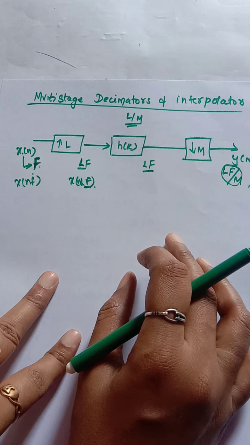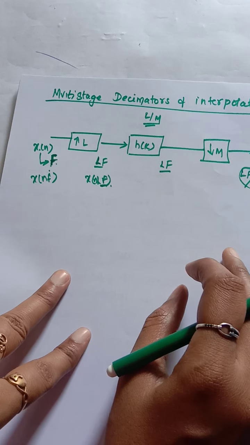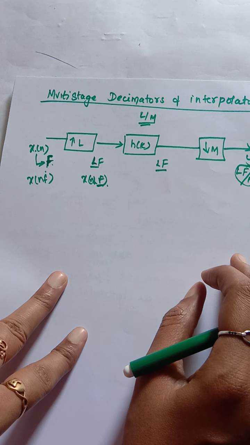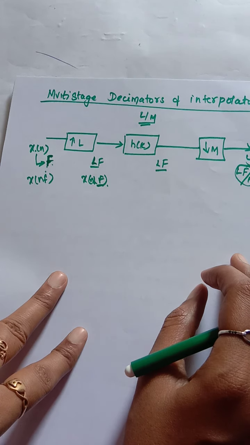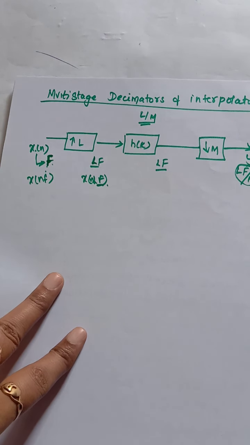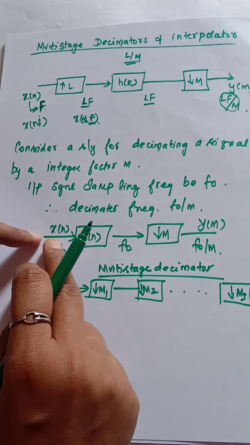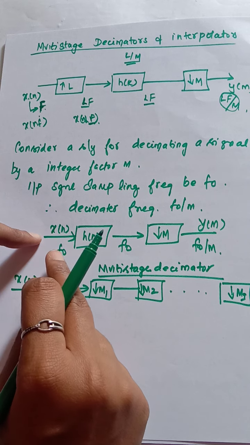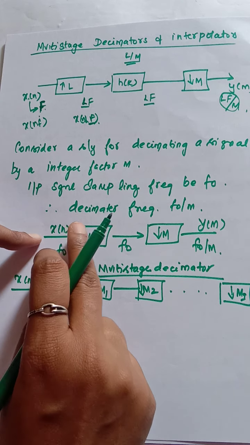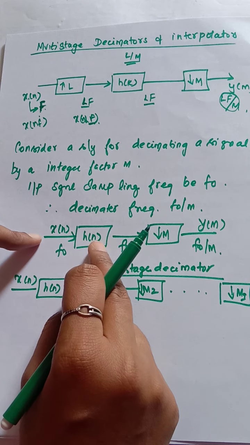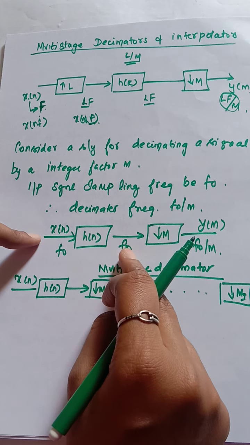Now we will discuss how we can simplify when we have more systems and each system involves a different sampling rate factor. Consider a system where the input sampling frequency is f naught. It is filtered using some frequency selective filter, and the output of the filter is still f naught.